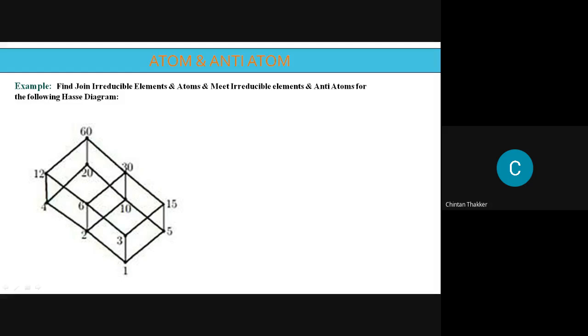What about the meet irreducible elements? 12, 15, 30, 20, and 30.